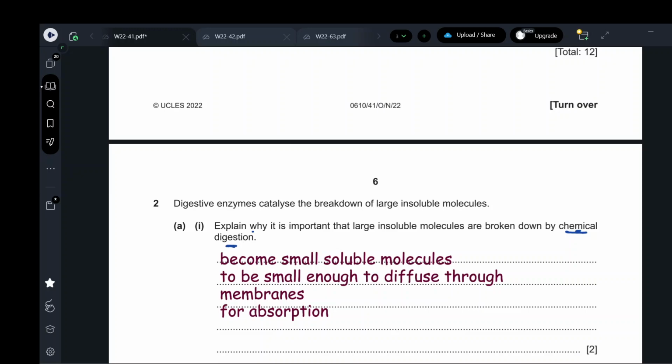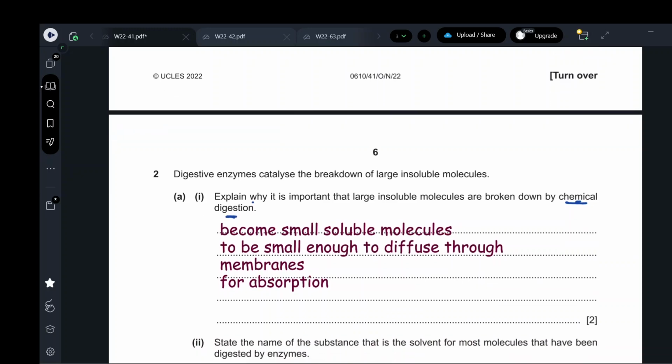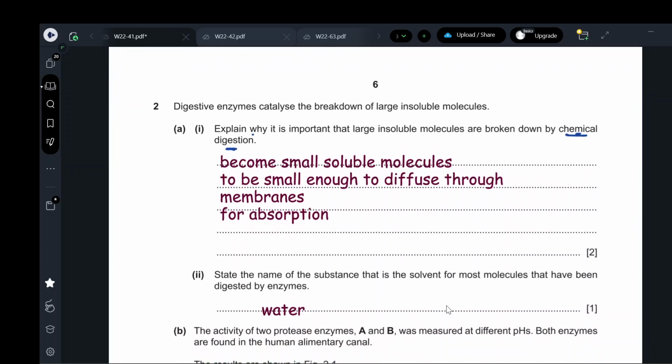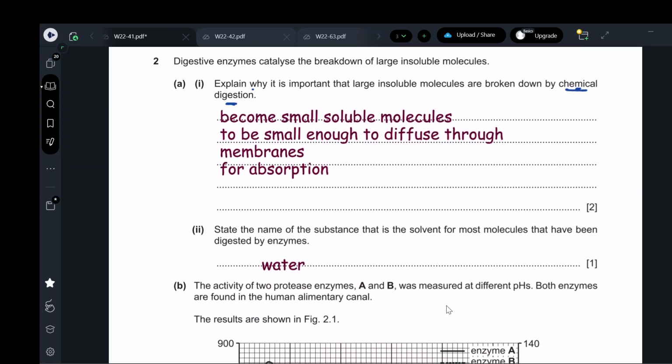So they have to be small and soluble to be able to diffuse through the small intestine. What is the solvent for most molecules in our body? It is water. Water is the main solvent inside your body.